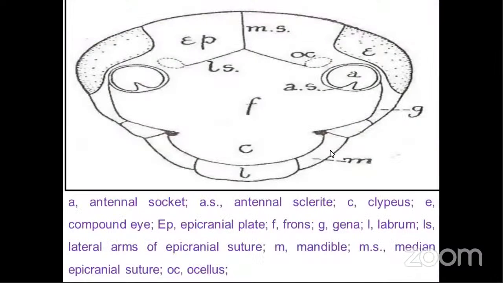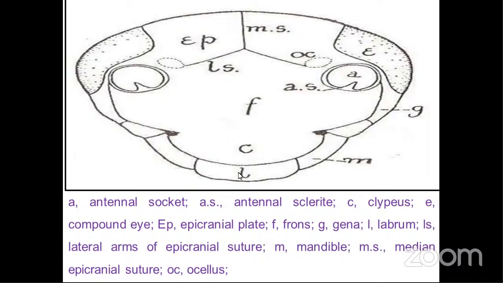You can see these pictures. This is a diagrammatic representation of the insect head. You can see different types of sclerites here. L means labrum, the upper lip. You can imagine our lips, our mouth parts: upper lip is there, lower lip is there.